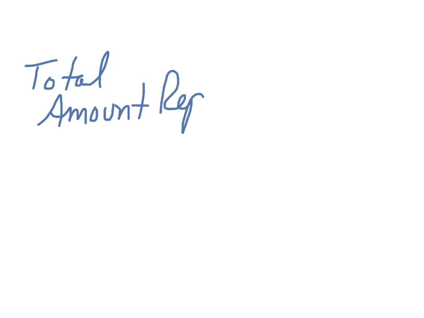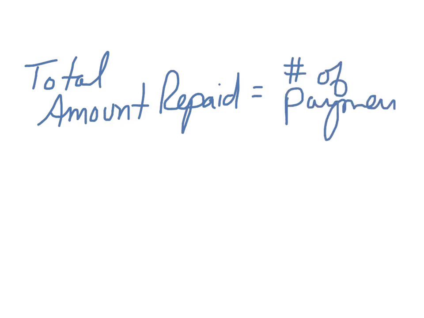Then after that, the next formula that we have is total amount repaid. In order to do that, you take the number of payments. So for instance, if I bought a house and they told me I was getting a 30-year mortgage, 30 times 12 is 360 payments.